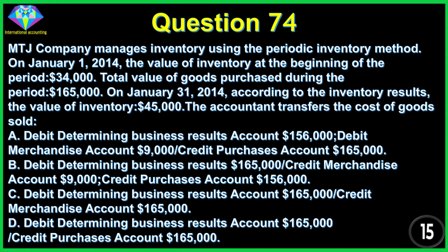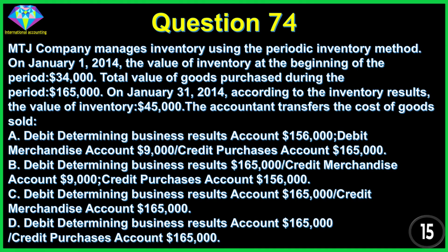A. Debit determining business results account $156,000. Debit merchandise account $9,000 per credit purchases account $165,000. B. Debit determining business results $165,000 per credit merchandise account $9,000.